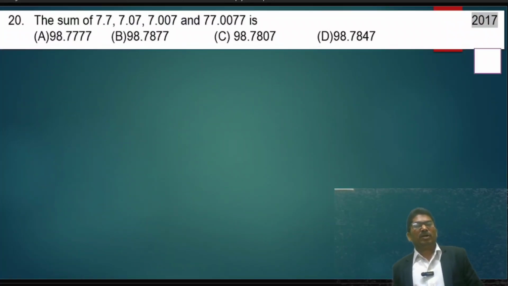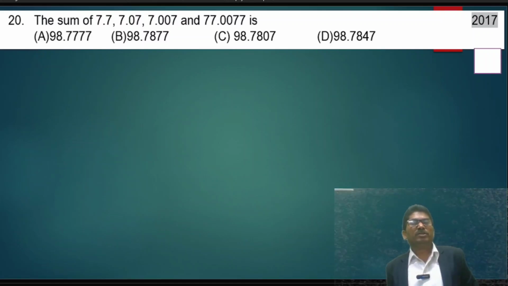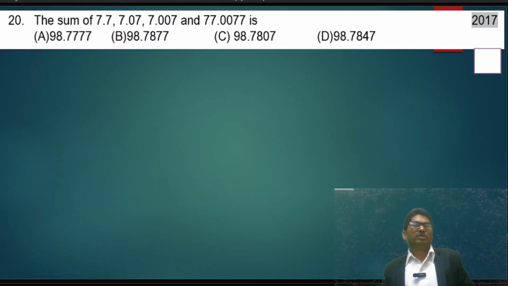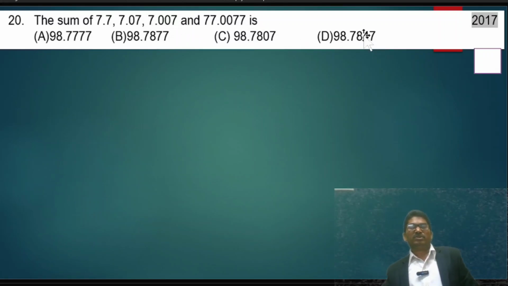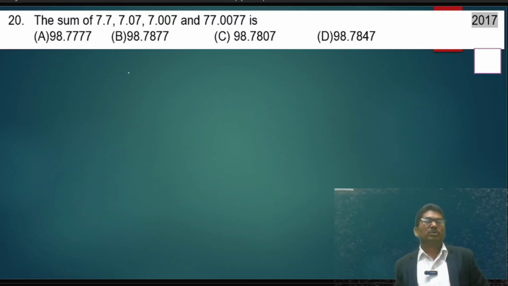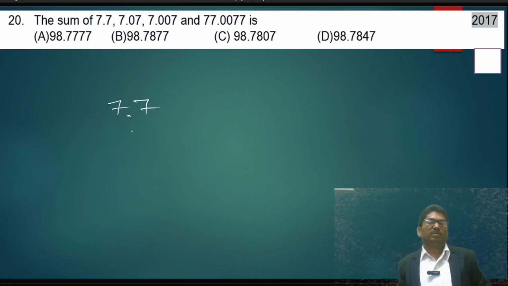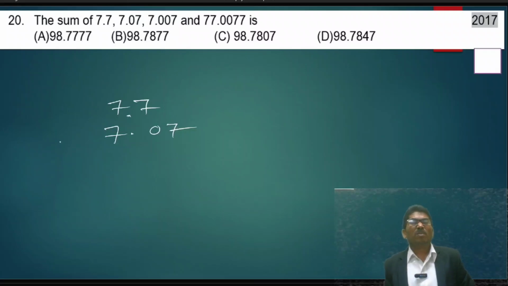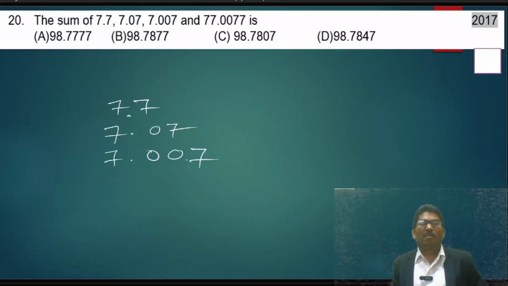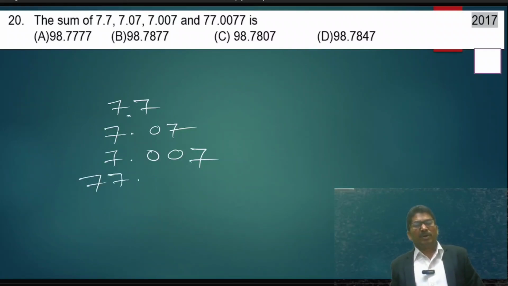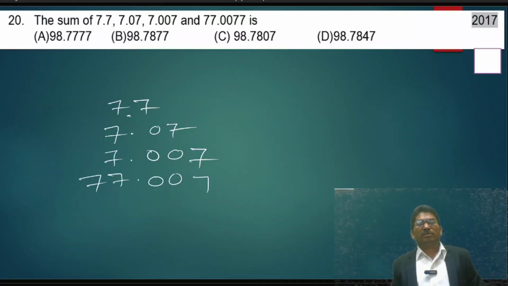Question number 20. The sum of 7.7, 7.207, 7.007 and 77.0077. We have to find the addition. 7.7, 7.07, 7.007, 77.0077.